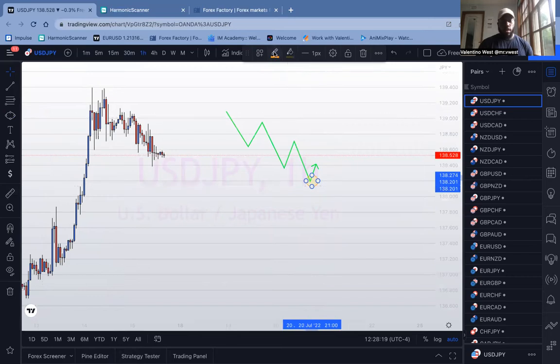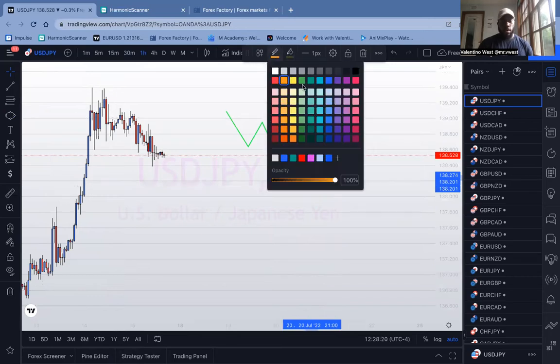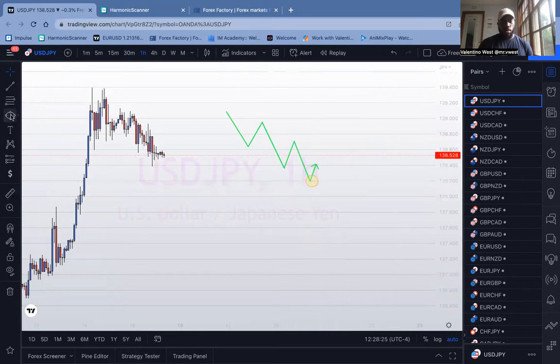So here is our low point. Okay, this is our low. These are our highs. So these are where we're going to be fibbing from. These are where we will be placing our fib.